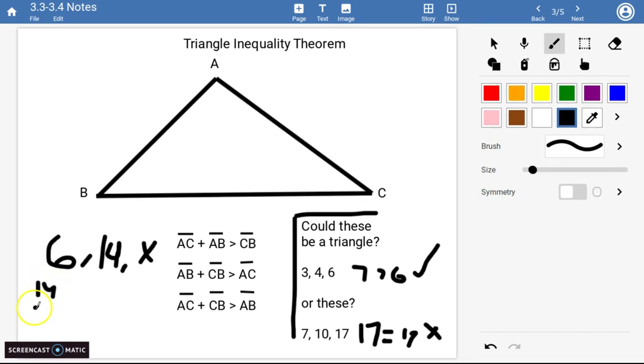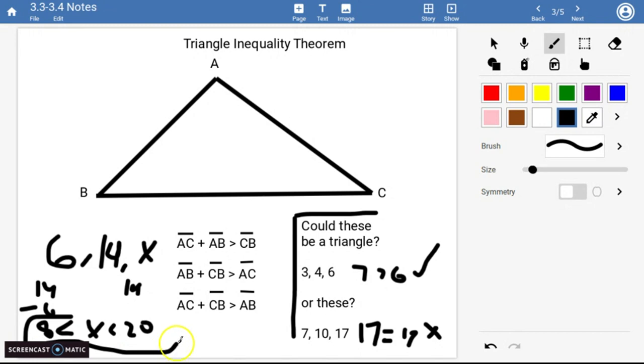So if you have 14 minus 6, that is 8. And then 14 plus 6, that is 20. I don't need to write the whole thing, but that's what that is. So then the barriers of x, this is what the answer would be in this form. 8 is less than x, which is less than 20.